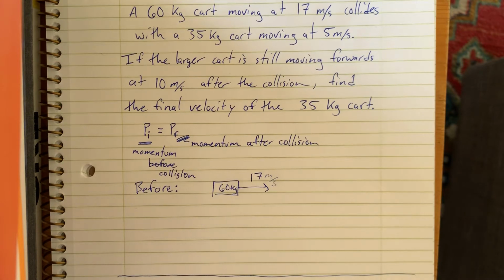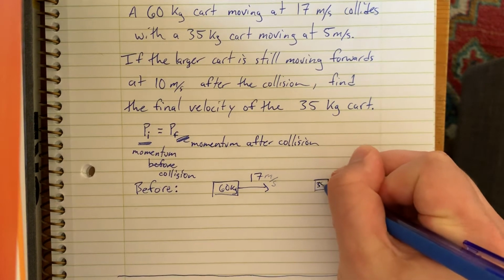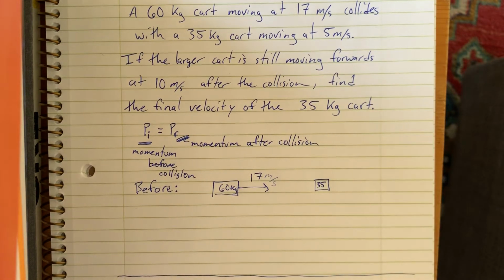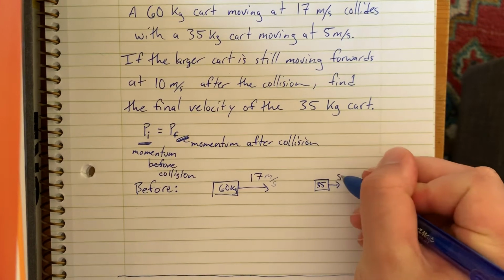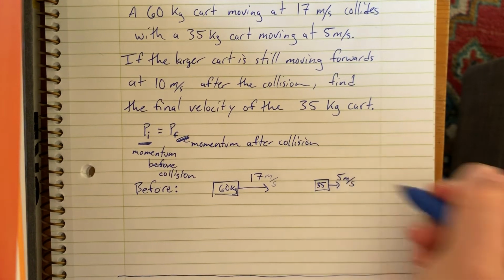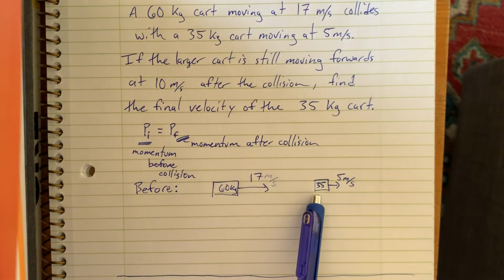And we can see that there's also this 35 kilogram cart, and that one has a velocity of positive 5 meters per second. So that actually means it's moving the same direction because they're both positive. Now, since this one is going faster, it's going to eventually catch up and bump into that one.